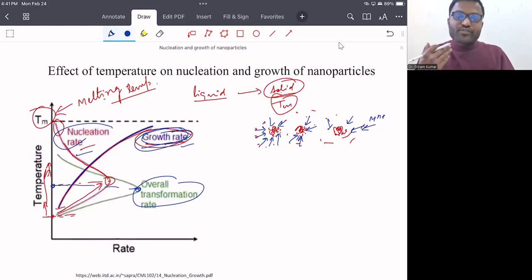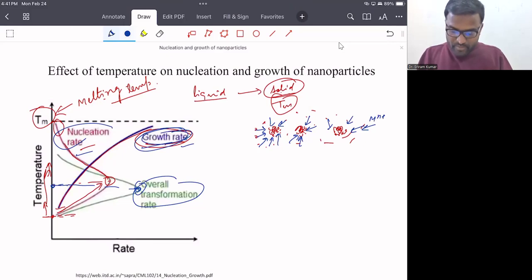So whenever you want to design your experimental setup, we need to consider these two parameters, the nucleation process and the growth process. Based on these two parameters, we need to find out the overall transformation rate. And then based on this transformation rate, we can use that optimum temperature.